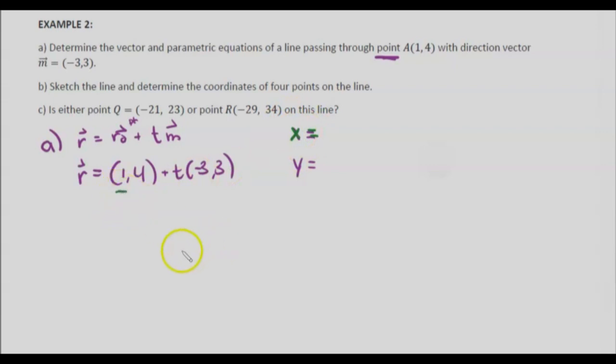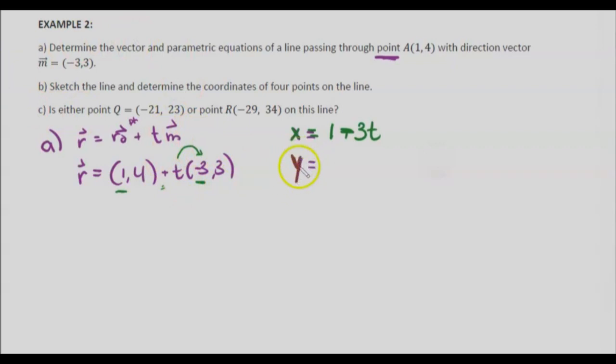So the 1 is a component of x, so we go 1 plus, because we have a plus sign. And this -3 is also a component of x. So instead of having 1 plus 3, it's going to be 1 minus 3, and then it's t, because that -3 has a parameter on it.